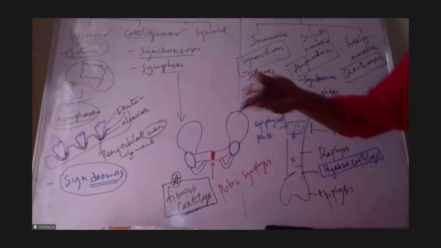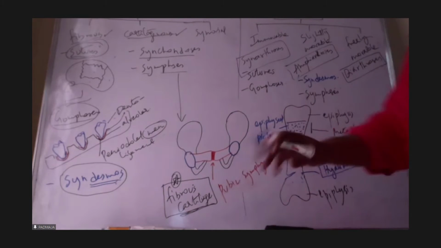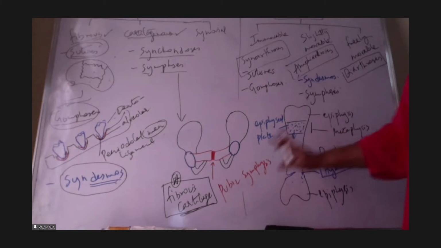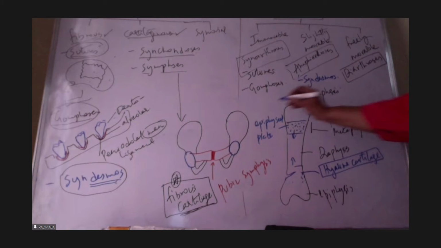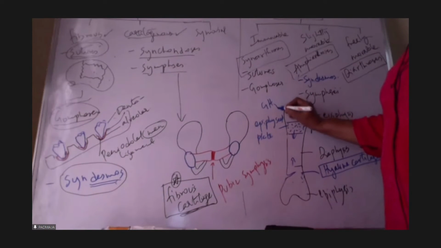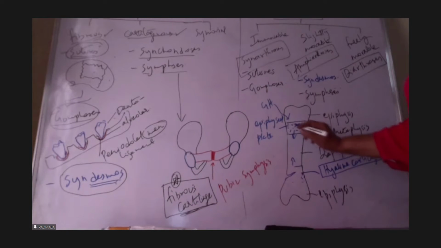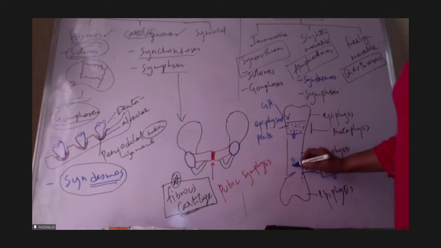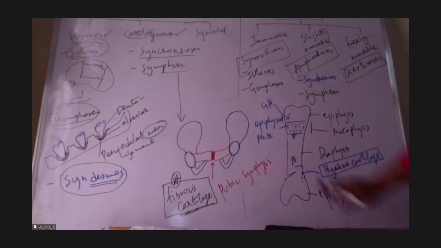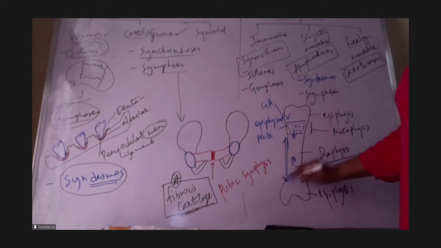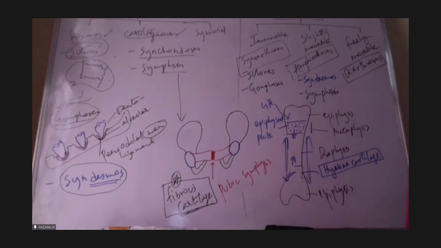Only at your age, epiphyseal plates are present. Growth hormone acts on these plates, allowing mitosis and growth. Growth occurs towards the diaphysis. So bone length increases, so you become taller.